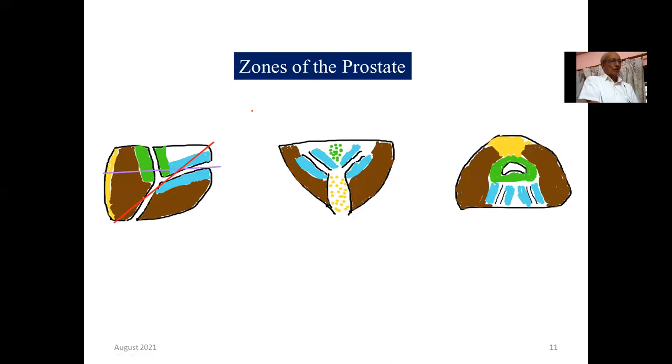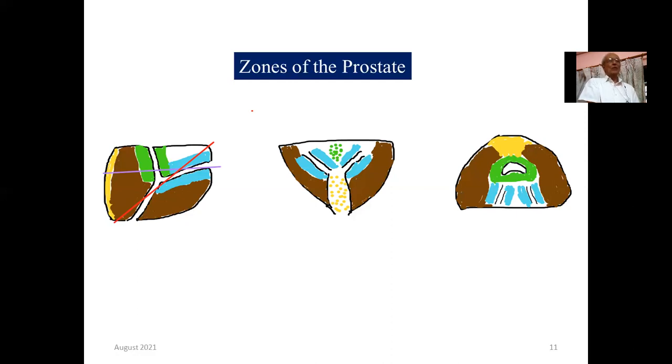And there are histological and histochemical differences between them. Not only that, even in MRI, it is possible to identify these zones.